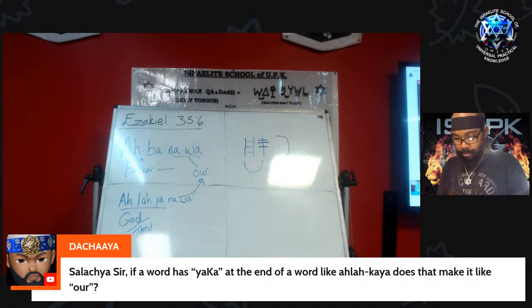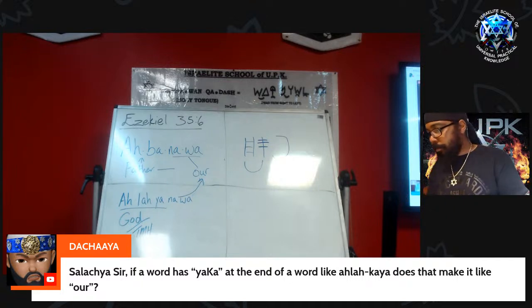Yaka is if. It's like the word if. So if you say, let's take our father, if you say Abba Yaka, you're saying if father, or if he might be our father. It's like if.